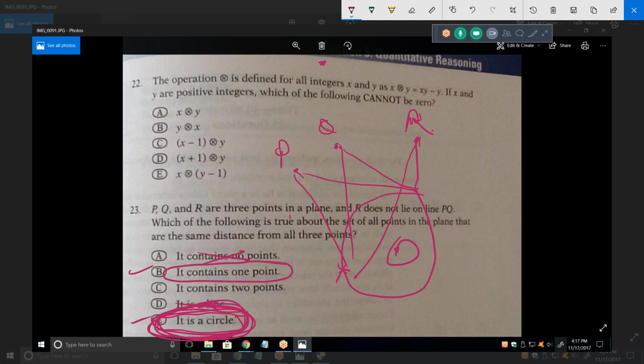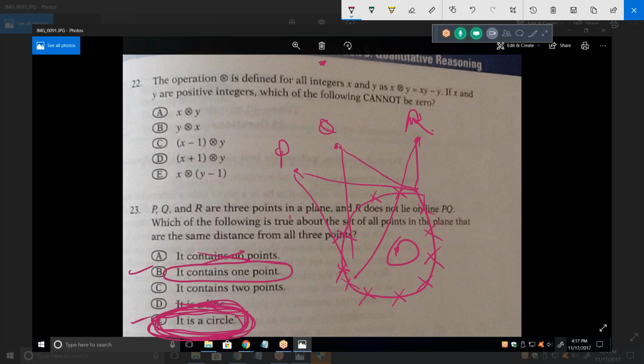When you talk about a circle, you're actually talking about every point that's on the circle. The official definition of a circle is the locus of all points that are equidistant from a single point. That is the definition of a circle.